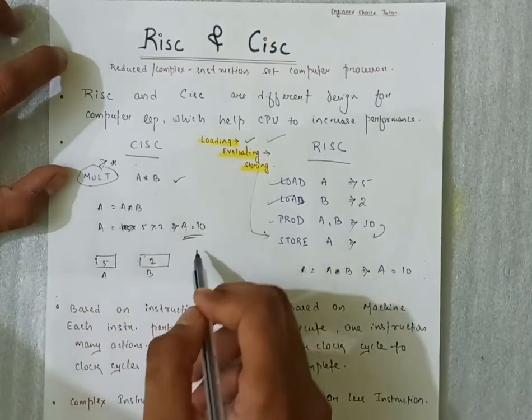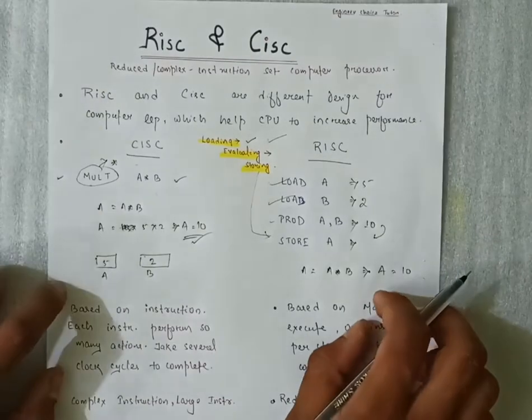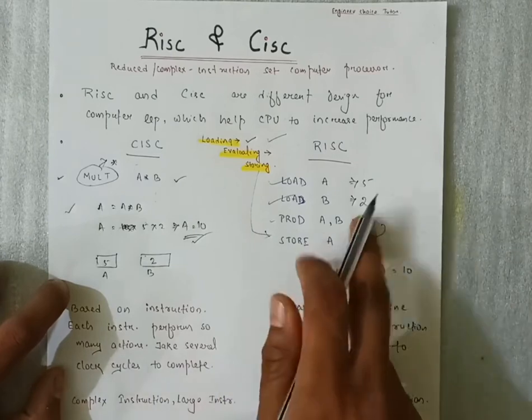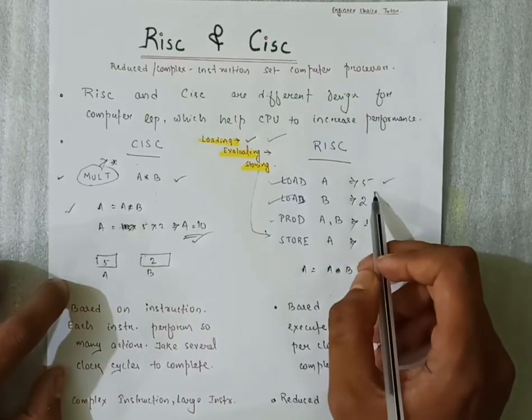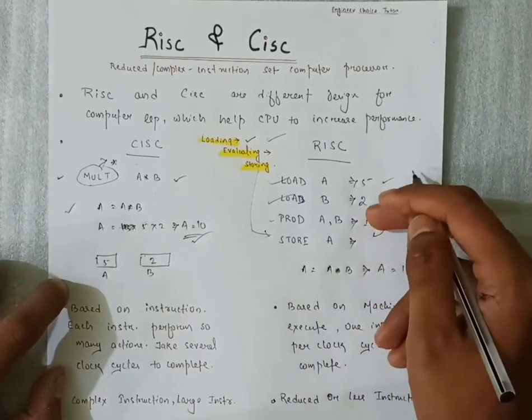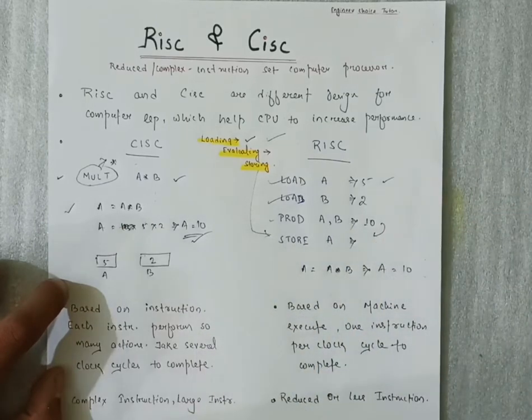So in a single line we can get the result. So here we can see that the instruction is complex according to this. Here in RISC we are simply loading first 5, then 2, then doing multiplication. Then here it is simple, not as complex as CISC.